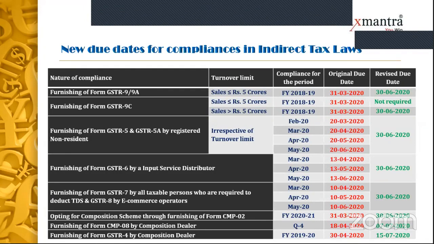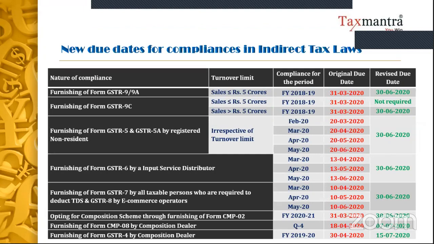In case of the reconciliation statement under the GST audit, which is furnished through Form GSTR 9C, there are two scenarios. If the taxpayer has turnover less than 5 crore for the financial year 18-19, the due date was 31st of March 2020, but it is optional whether the taxpayer prepares and files the reconciliation statement.